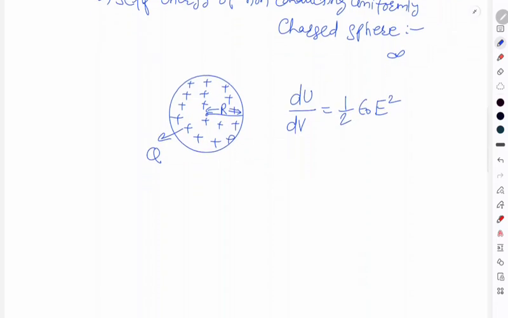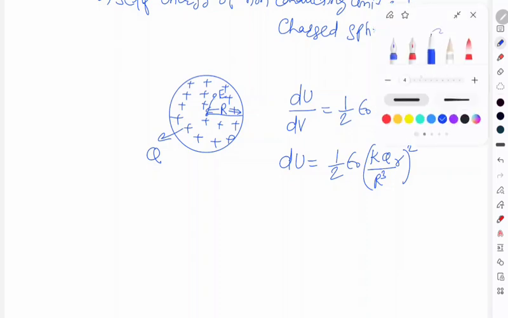If we want to find the total energy inside that sphere, we can get half epsilon naught, and E at a point inside this sphere, where the value of electric field will be kQ upon R cube into r. If we square it, and dV is the volume of that small element here.